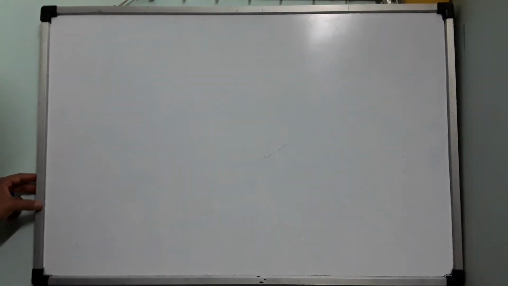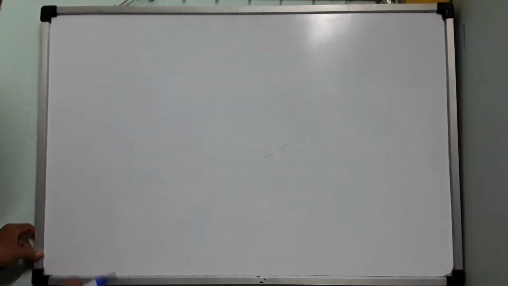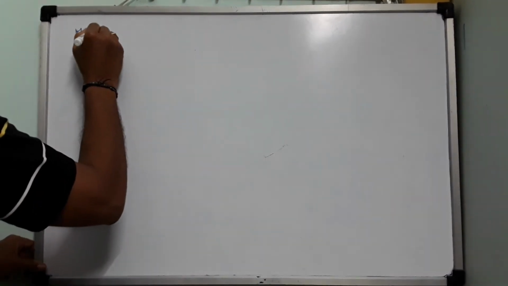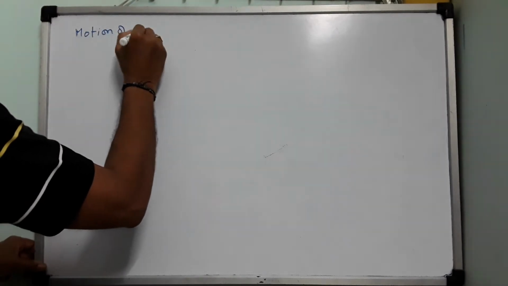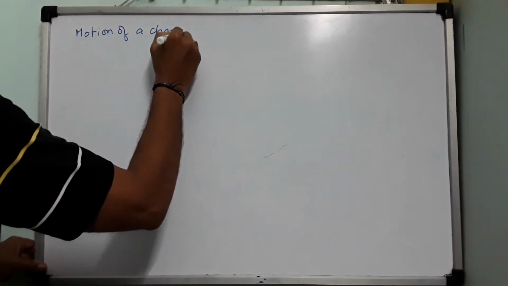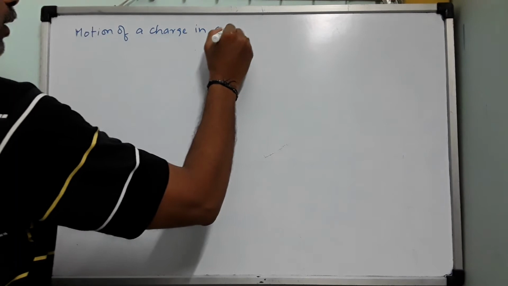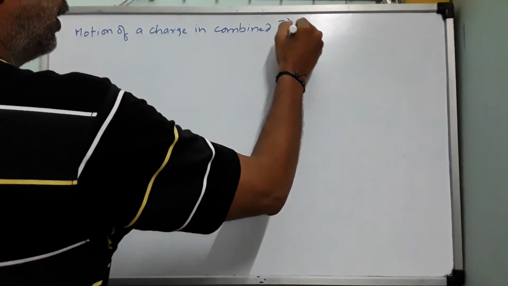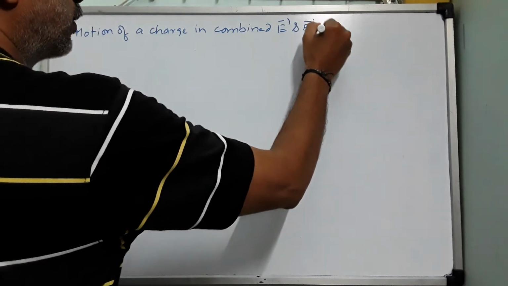Okay, right. Now another topic related to cyclotron. Cyclotron is not in the syllabus, but the concept is very important. That is motion of a charge in combined electric and magnetic fields.